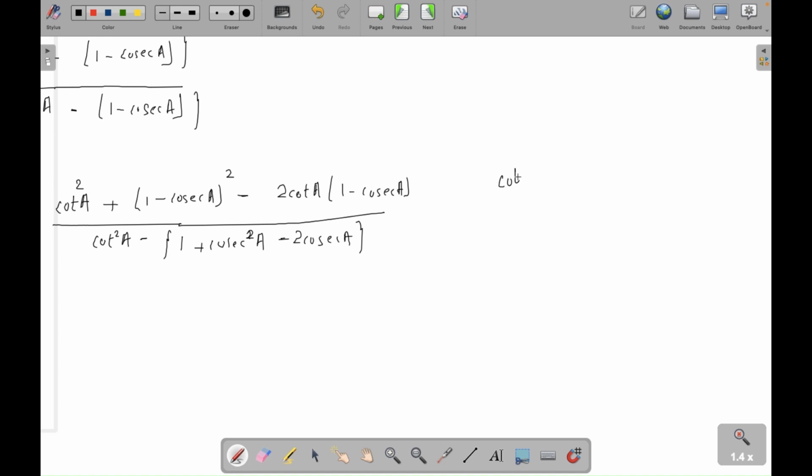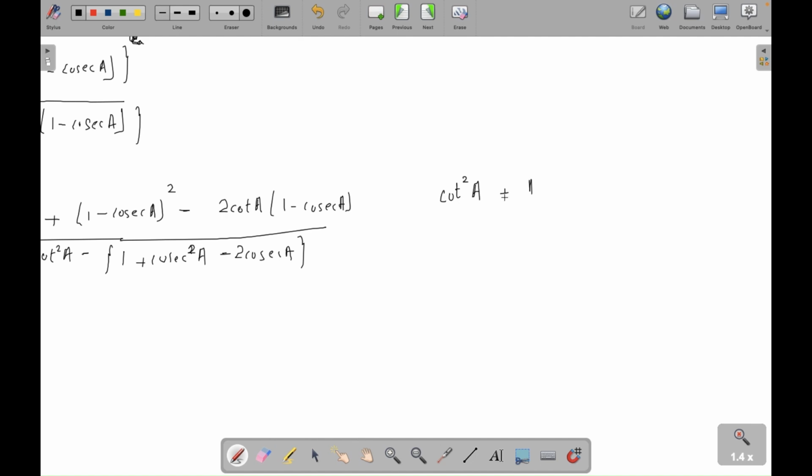again in the numerator, if we solve, so we get cot square A plus, so this will be, so cot square A plus 1 plus cosec square A minus 2 cosec A. Right?